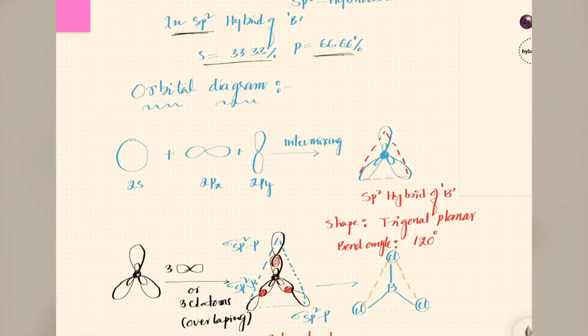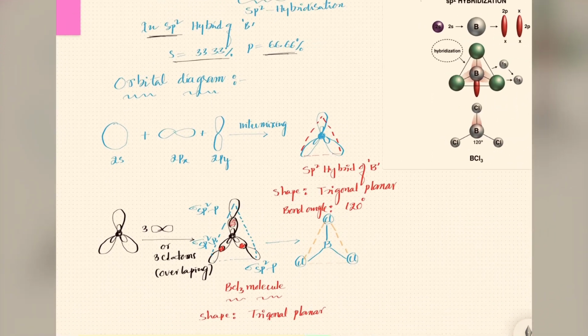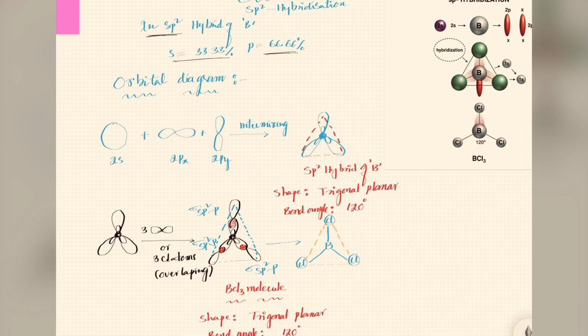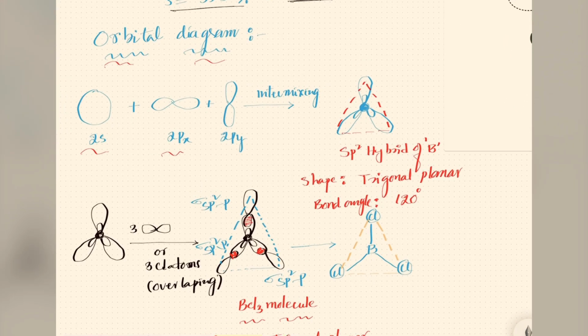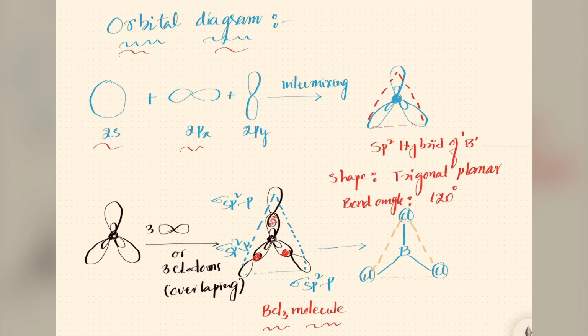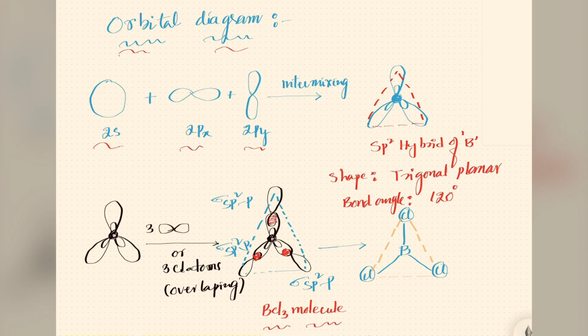Now we'll go for the orbital diagram. How to understand this one? You can see in the orbital diagram one s orbital, just now we discussed, the 2s orbital, the 2px orbital and the 2py orbital, which is promoted from the s orbital.